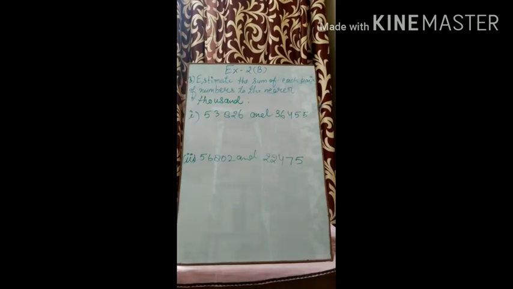Question number 3. Estimate the sum of each pair of numbers to the nearest 1000. This digit is more than 5. So 53,826 is rounded up to 54,000. Plus sign in between. The number at the 100 place is less than 5.